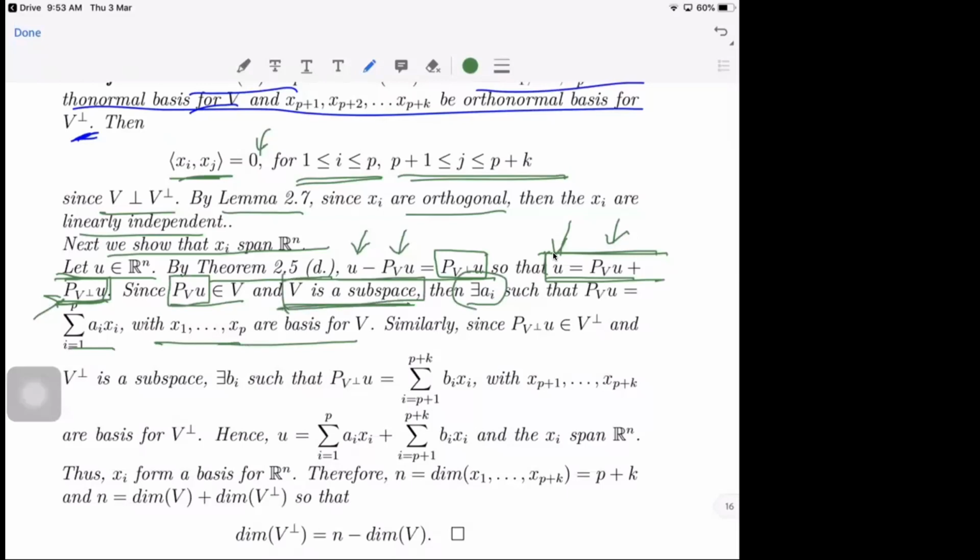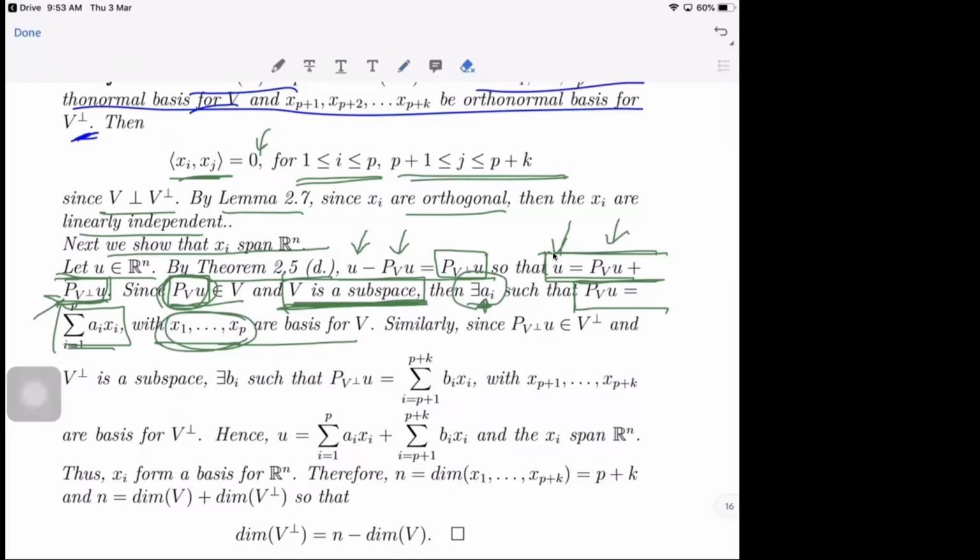Now, xi here are vectors in V, which is actually the basis for V. So this new vector here, which we call the projection of U onto V, is the linear combination of the orthonormal basis for V.